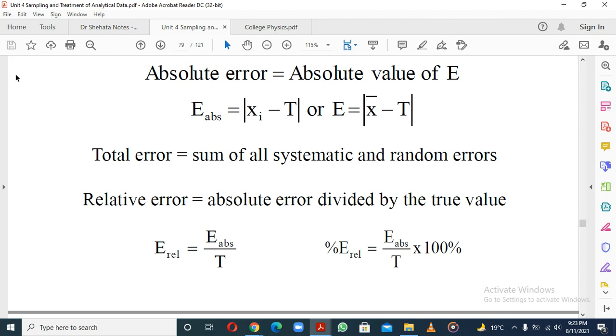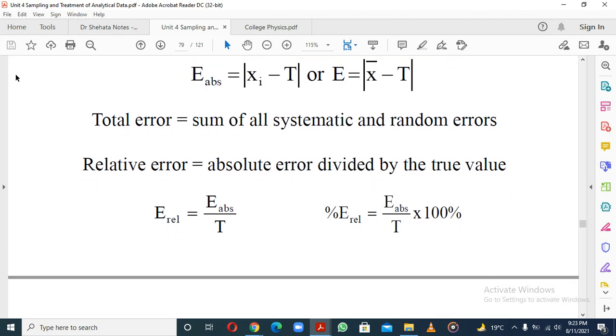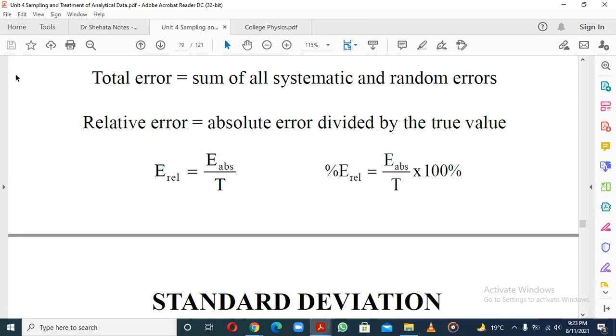And of course, a positive error remains a positive, because the absolute value of a positive value is going to be the same positive value. So that's about it. So then the total error. The total error is simply when you are adding all the systematic and random errors, so that people have an idea how much they can trust your data, isn't it? So that's an important thing.